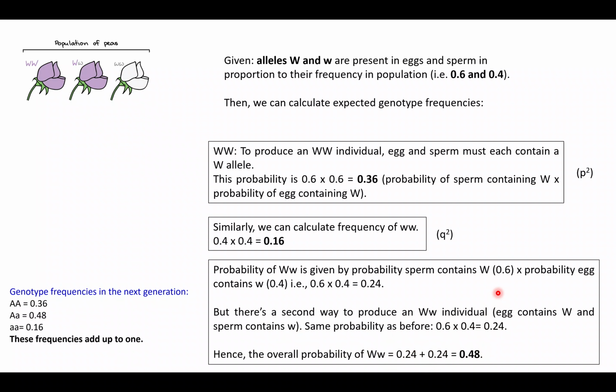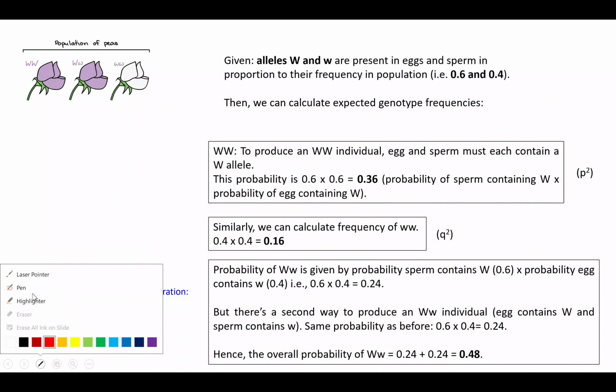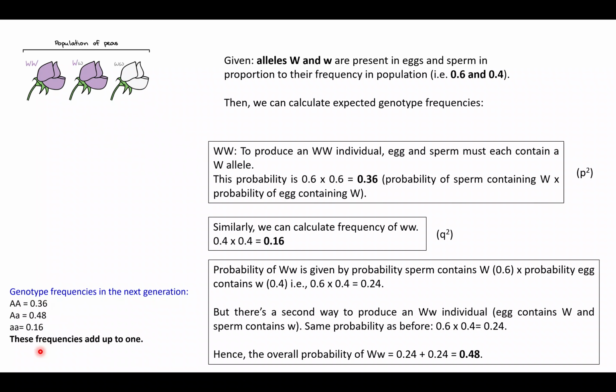P plus Q whole square. And if you add this, 0.36, 0.48, 0.16, it all becomes 1.